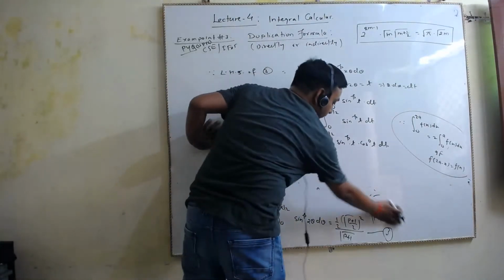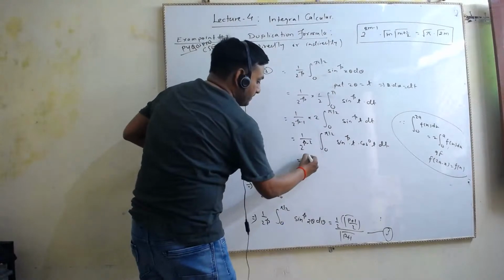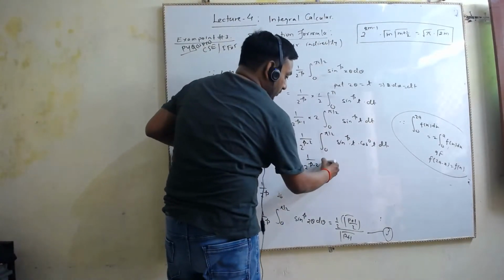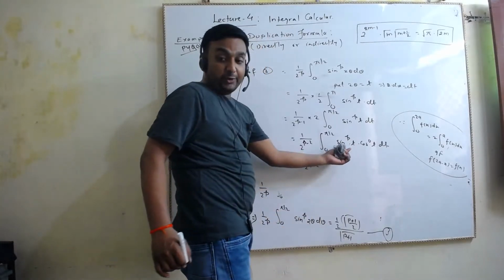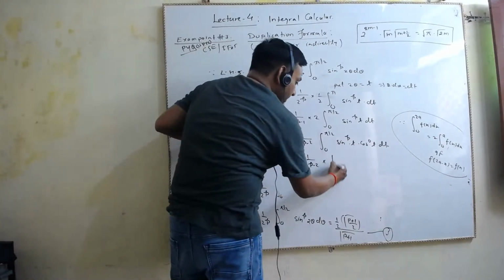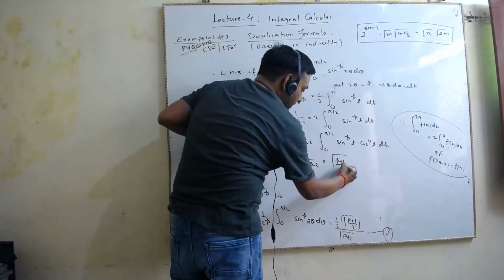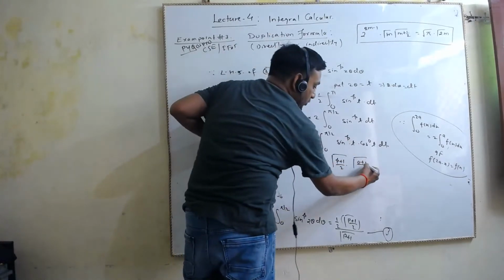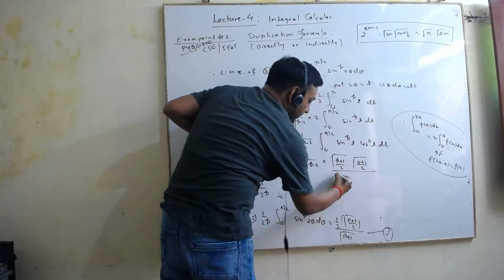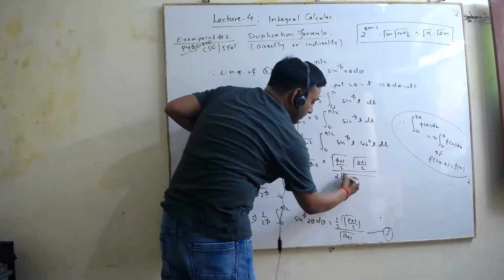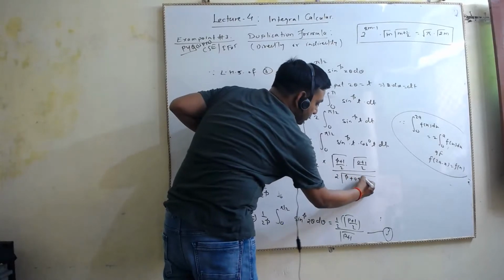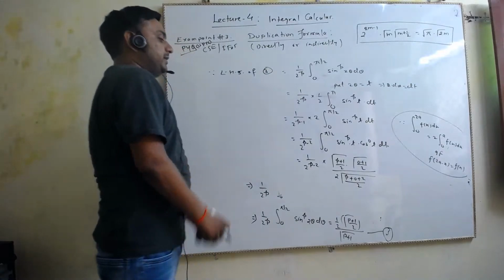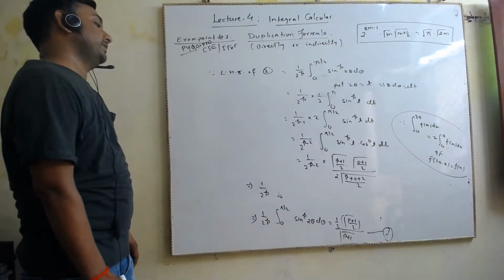So what do you have, dear fellows, from here? 1 upon 2 raised to the power p minus 2 into what I told you previously. This will become gamma p plus 1 by 2, gamma 0 plus 1 by 2 divided by 2 gamma p plus 0 plus 2 by 2. Is that clear to you all?